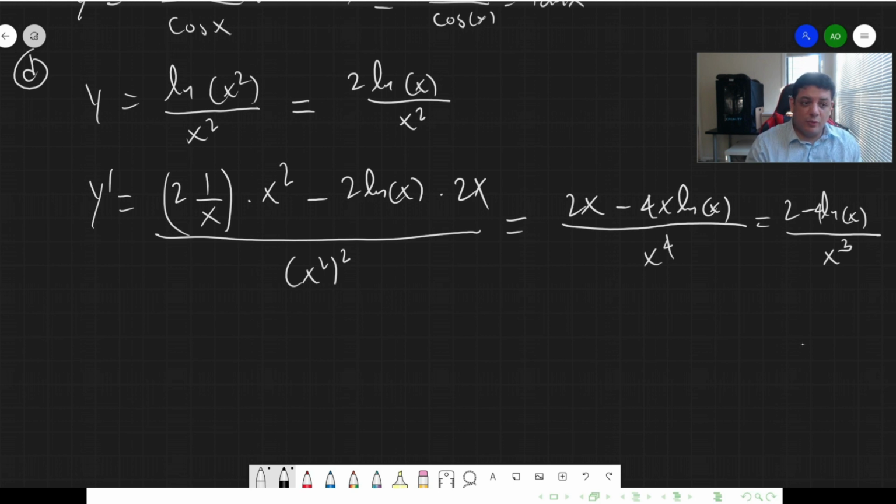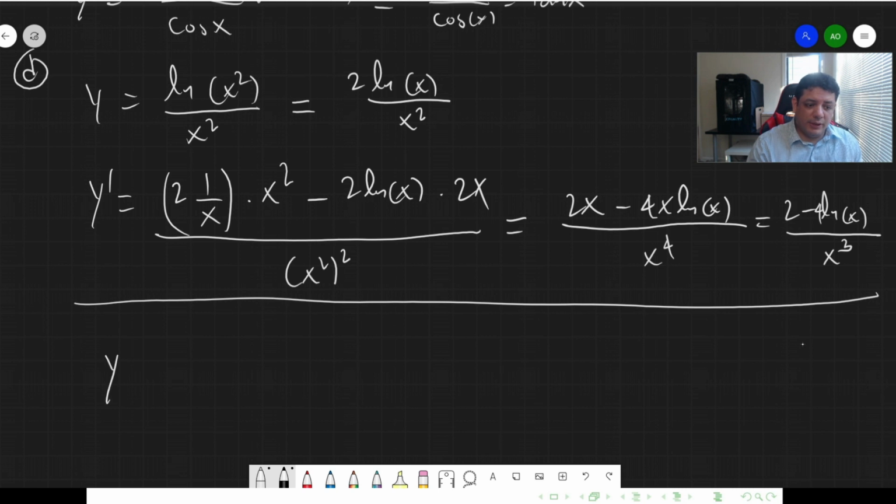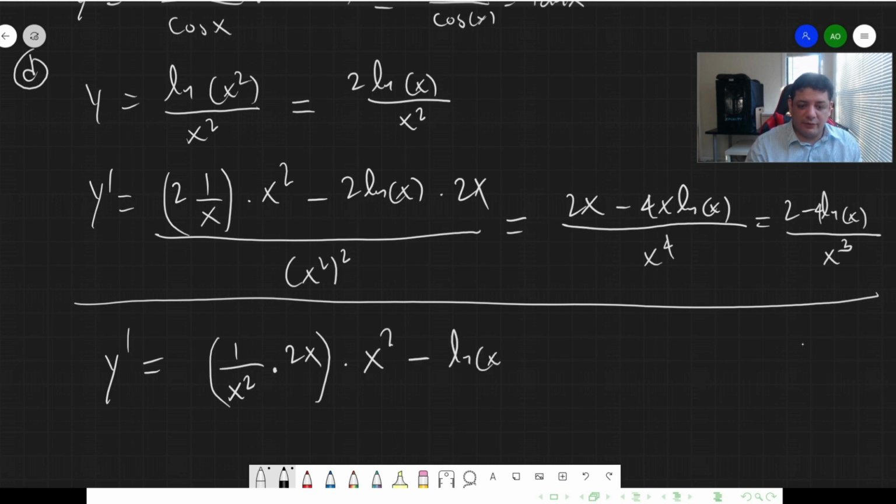This again is one way to approach this. We can always do chain rule directly. The derivative of log of x squared is 1 over x squared times 2x, times x squared, minus log of x squared times 2x, over x to the 4. And this is essentially the same thing.